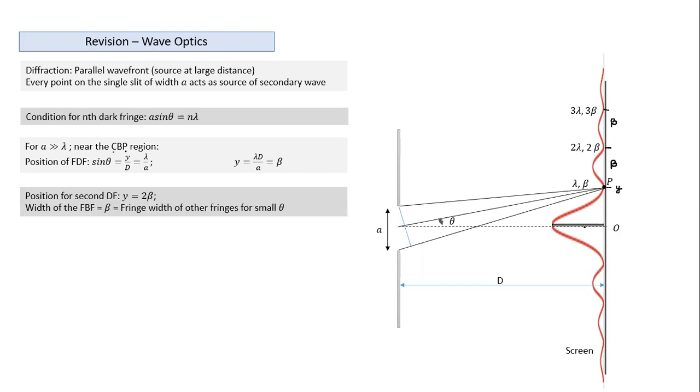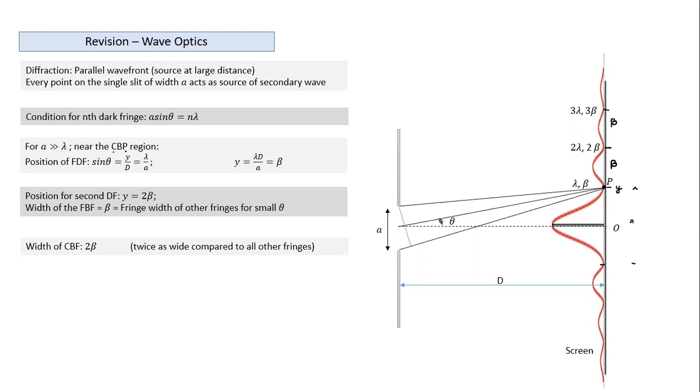Now let's look at the position of the second dark fringe, and all is pretty okay. That is the standard pattern it follows. How about the central bright fringe? The width of the central bright fringe is defined from the first dark fringe on either side. This entire thing is the central bright fringe. From here, this side is beta and this side is beta.